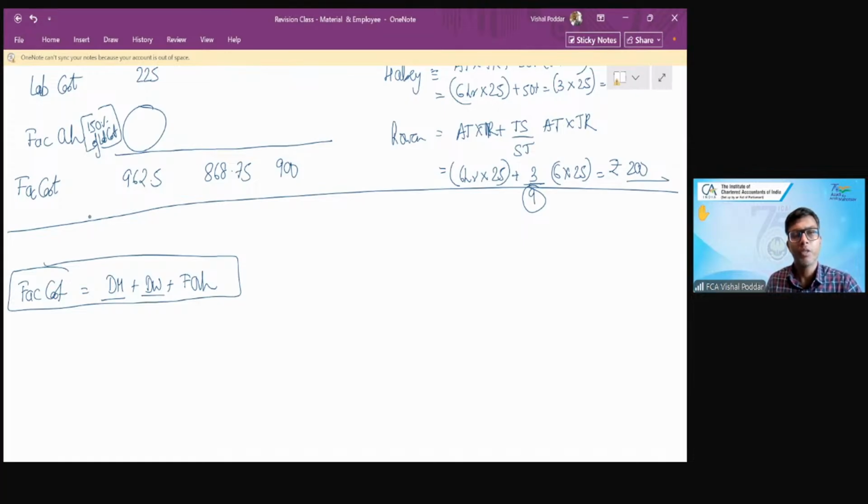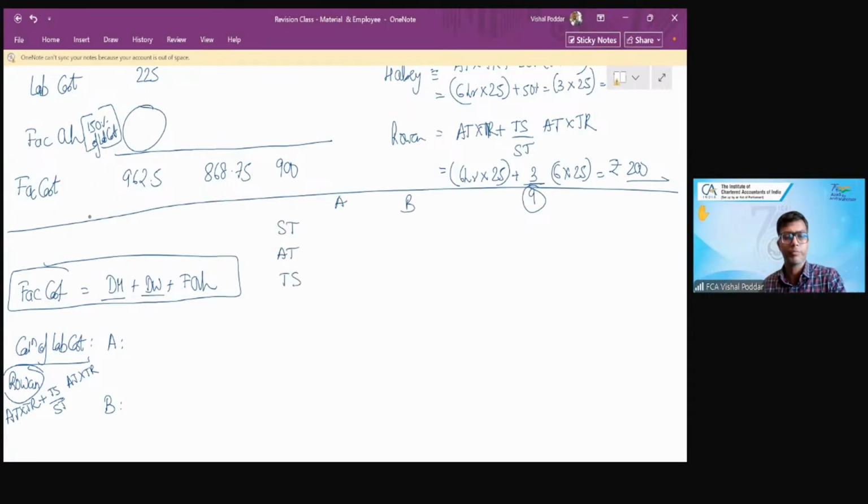Now, with the assumption, let us calculate the labor cost for A and for B. Remember, our formula is Rowan plan. Under Rowan, the formula is actual time into time rate, plus time saved upon standard into actual time into time rate. Time saved is standard minus actual.